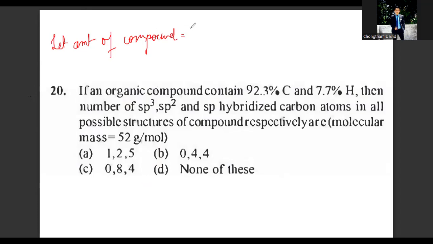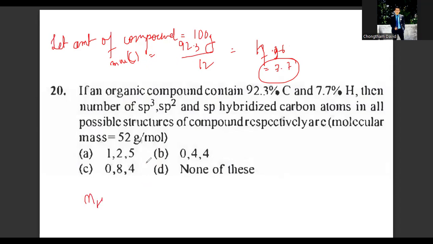Let the amount of the compound be 100 grams, because it is given in percentage. Then the number of moles of carbon would be 92.3 divided by its atomic mass 12. So it would be 7.69. For hydrogen, the number of moles of hydrogen would be 7.7.